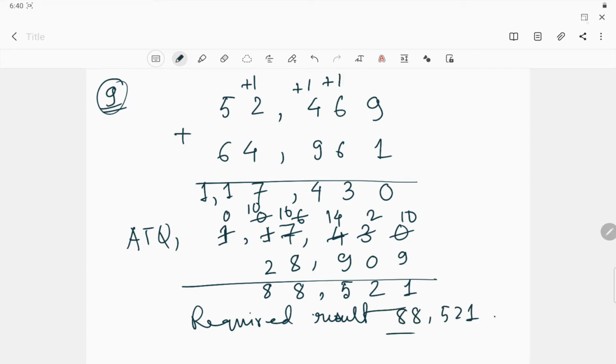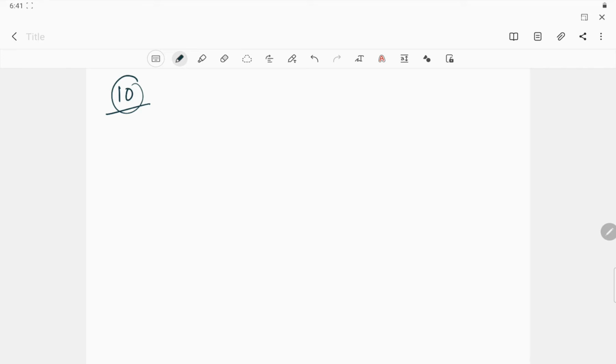88,521. So question number 10 says, a crayon company recently changed its labels. It currently has a total of 14,960 crayons in stock, and 12,890 of which have the new label. How many crayons with the old label does the company have in stock?